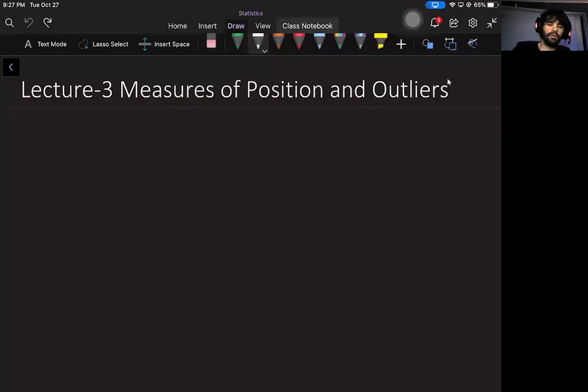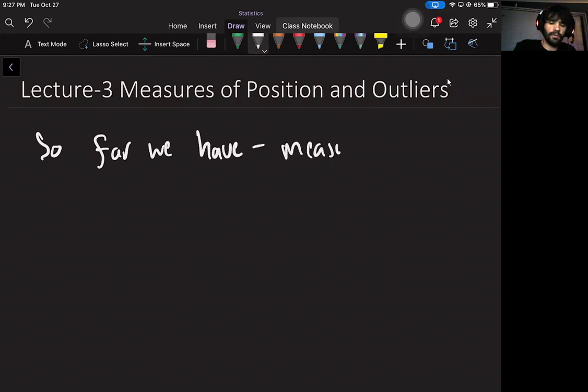Okay, class, welcome to lecture 3, measures of position and outliers. So we've got to do a little bit of summary to continue. So far we have two types of measures. We have measures of central tendency.